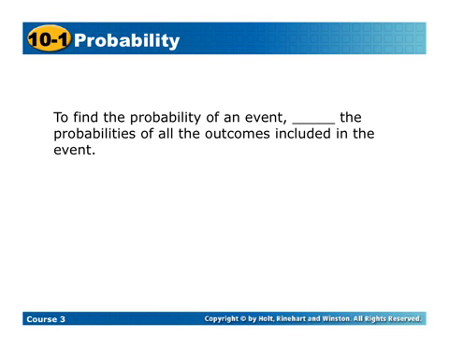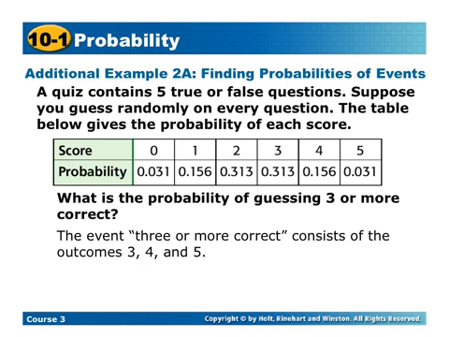To find the probability of an event, sometimes you're going to have to add the probabilities of all the outcomes that you're looking for in the event. So here's what I mean. If a quiz contains 5 true or false questions, and you guess randomly on every question, the table below gives the probability of each score. So here's your probability for getting a 0, a 1, a 2, a 3, a 4, and a 5.